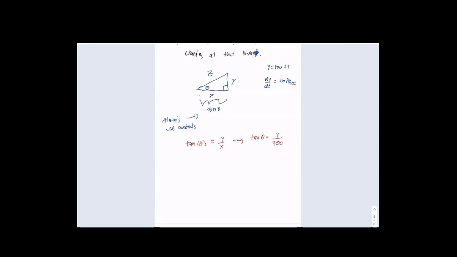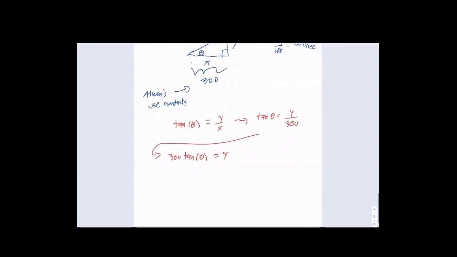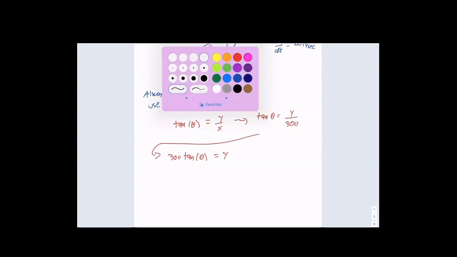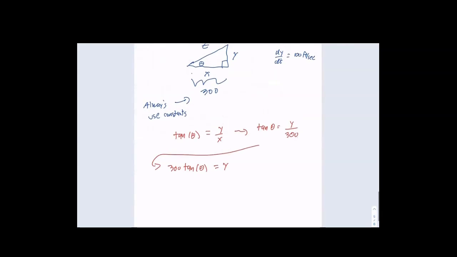I'm going to rewrite that as 300 tangent of theta equals y. So I plugged in the constants, because 300 was constant, and I used the relationship.